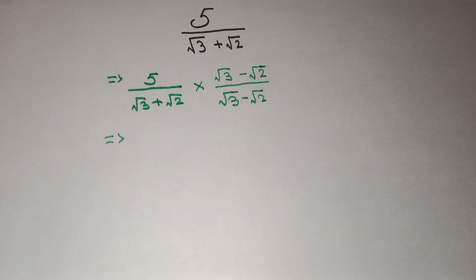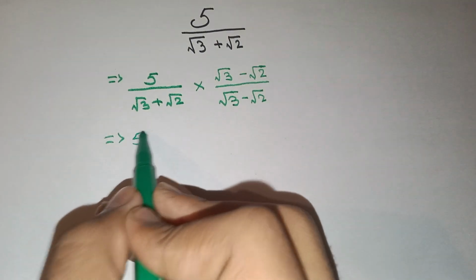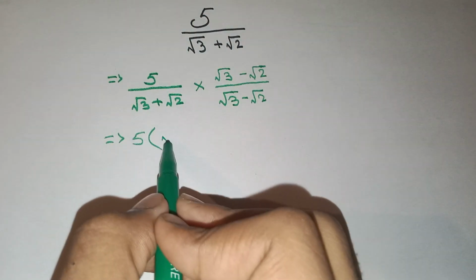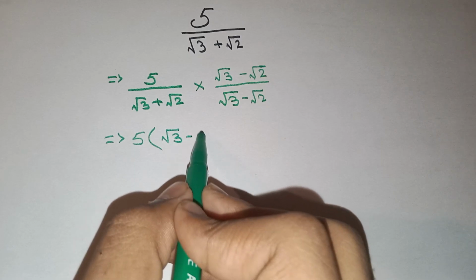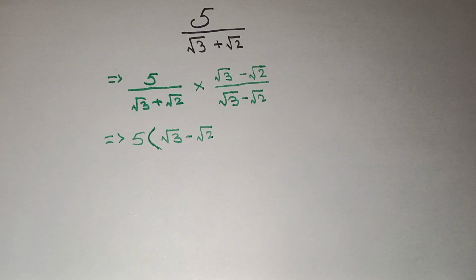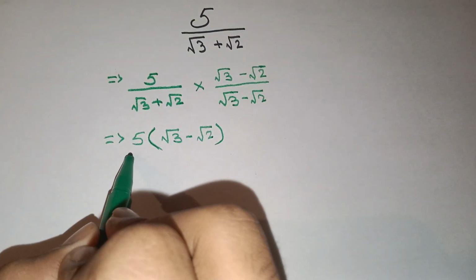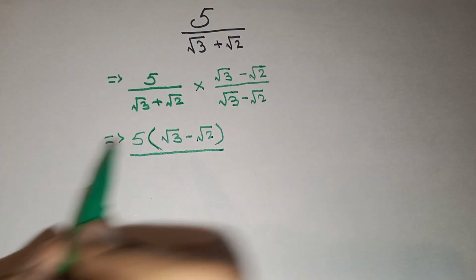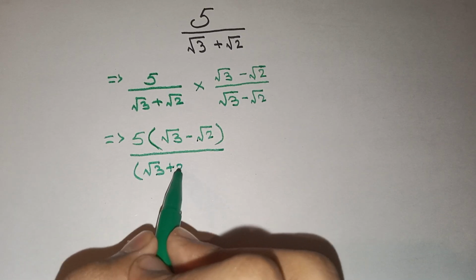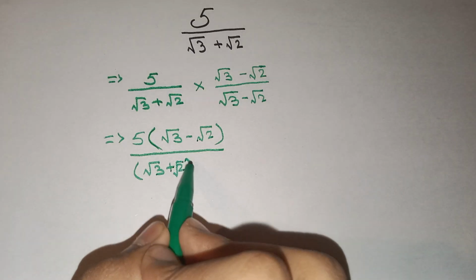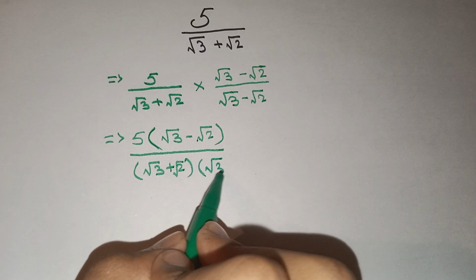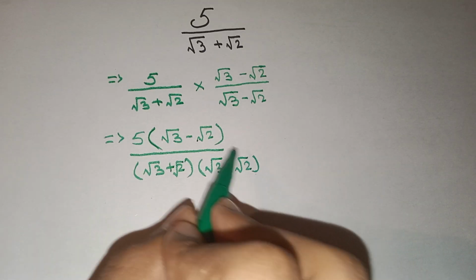5 will be multiplied by surd 3 minus surd 2, so 5 times (surd 3 minus surd 2), over (surd 3 plus surd 2) times (surd 3 minus surd 2).